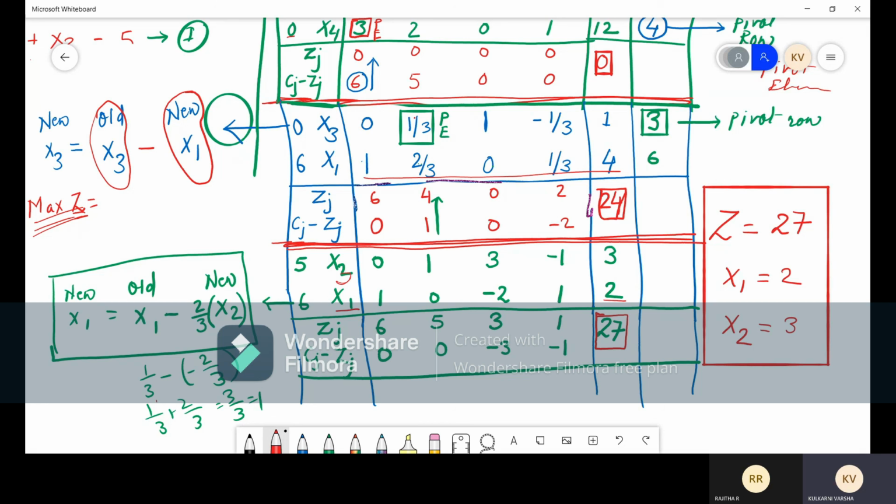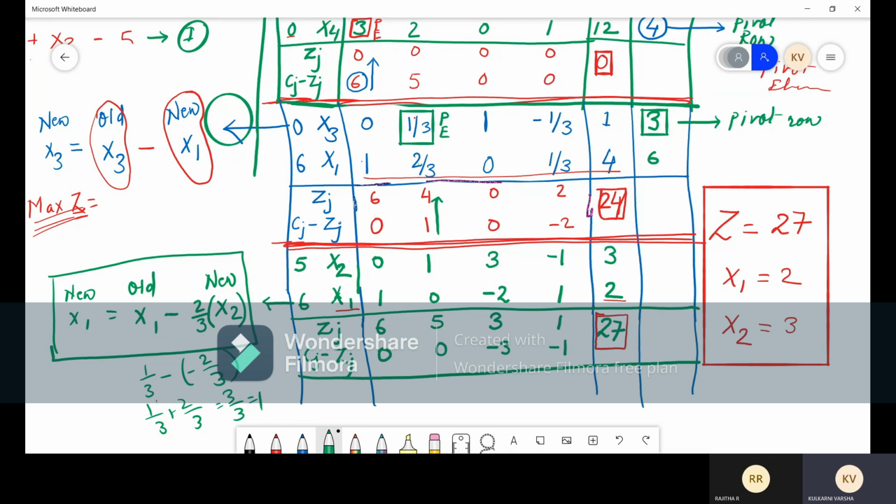If there is no x1 in this iteration, then x1 will be 0. But luckily in this particular example we have x2, right? So this is our x2. x1 RHS value 2, x2 RHS value 3. So this is our final answer.